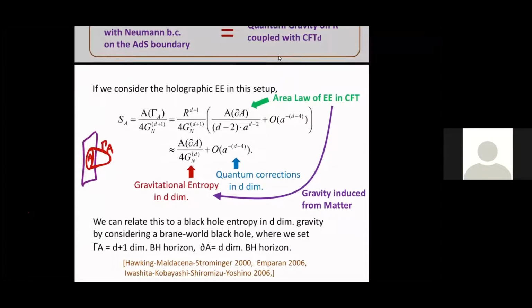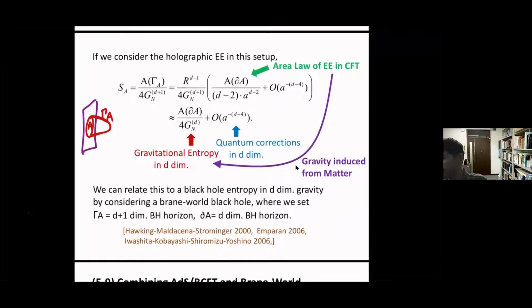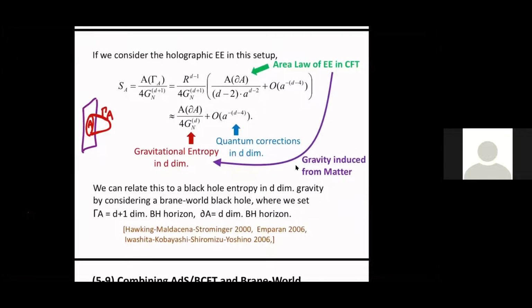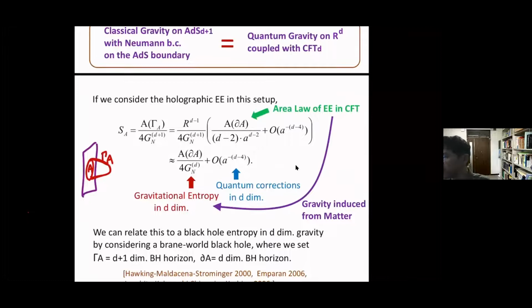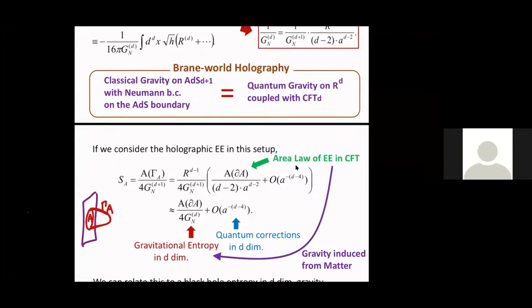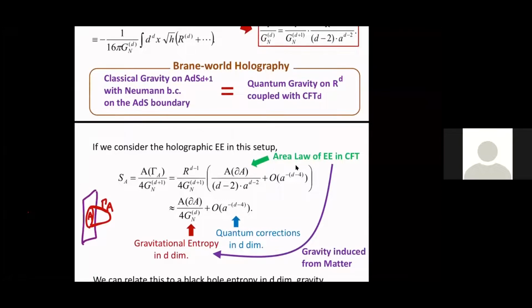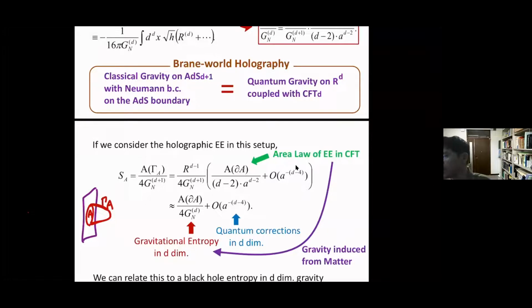Sorry, Tadashi. Yes, sure. So the CFT coupled to gravity, is it the dual of the original bulk? Which CFT is that? Yeah, the original one. This CFT is the same CFT which arises in AdS/CFT. But since the brane gravity is also reduced from this bulk, is there some overcounting? Sorry, what do you mean?